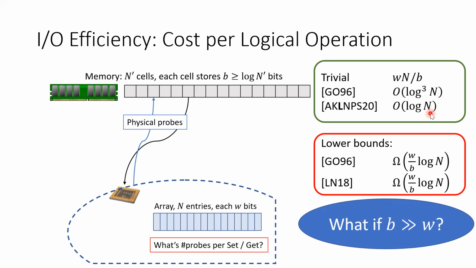But when B is less than W, there's additional cost, and we typically don't assume B less than W, because that's not common in real world scenarios. And in this talk, we also assume B is always greater or equal to W.